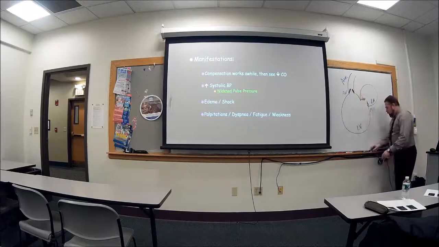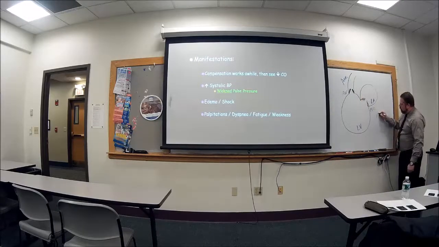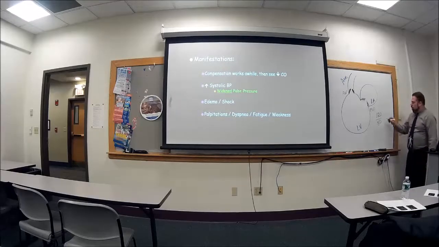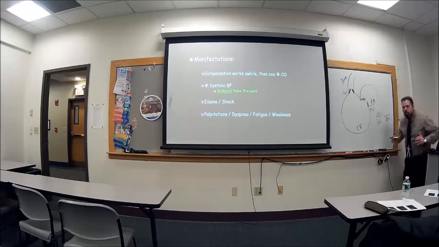So what happens here is that, again, if our blood pressure is 120 over 80, the diastolic pressure will still remain about 80, but you're going to have a pounding amount of blood that's going to go out there.